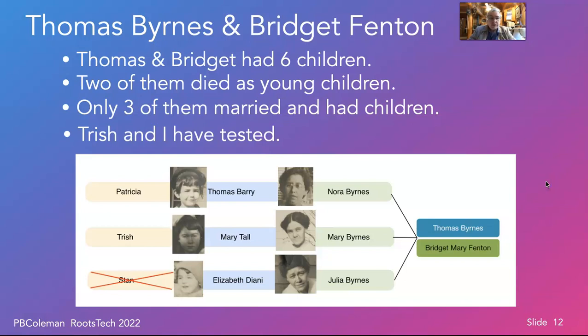So we have 2 of the great-grandchildren from Thomas and Bridget who have tested. And hopefully I can convince Stan to test at some point in the future. It would be very nice to have one child from each of Thomas and Bridget's daughters who had children and grandchildren.